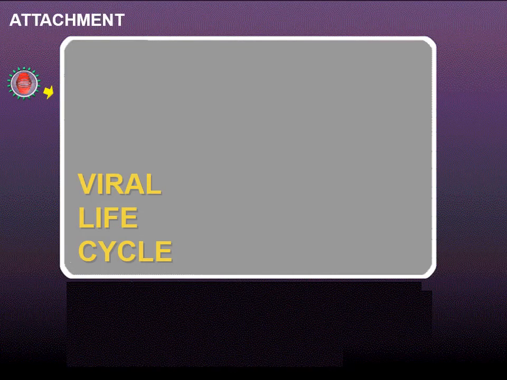This is again a diagram which really gives you an idea of how the different stages of virus infection are achieved. We said at the beginning there is the virus particle, which is adsorbed to the cell surface, and once it's adsorbed, it starts the process of entry.